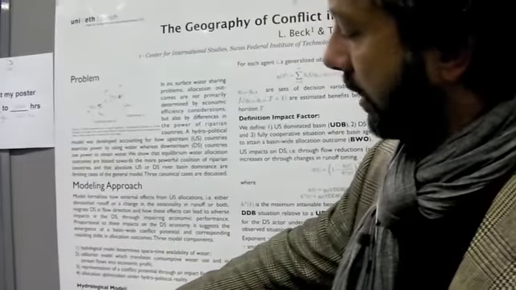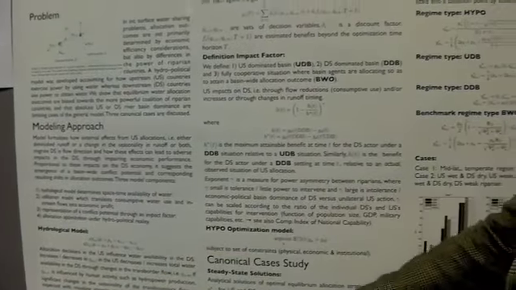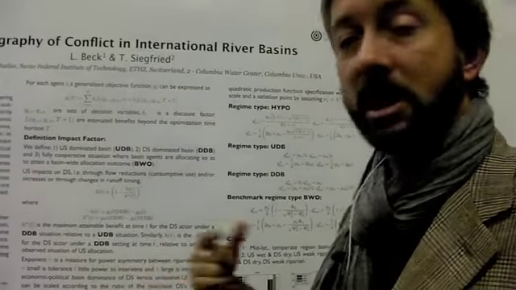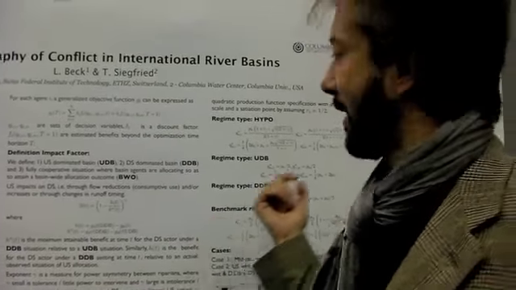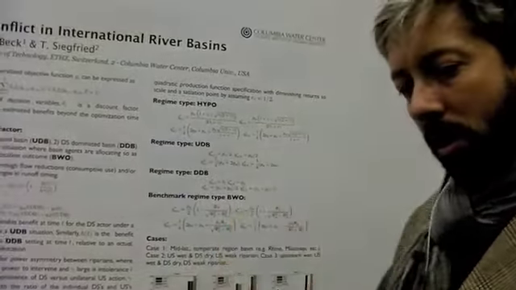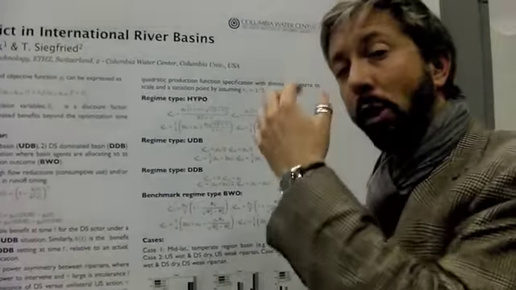I assume that the change in storage over time in the upstream is 0, and the change in storage over time in the downstream is 0. Then, assuming a particular profit function on the economic side, I can actually write down the solutions of that optimization model analytically. And so what you see here is quite interesting: 4 prototypical solutions, assuming different worlds.